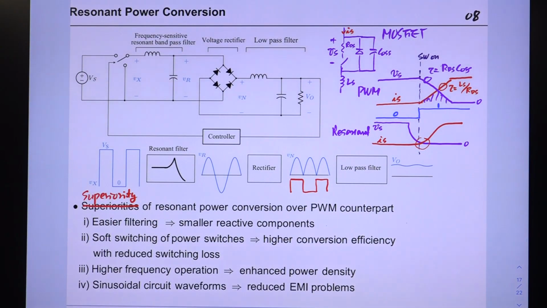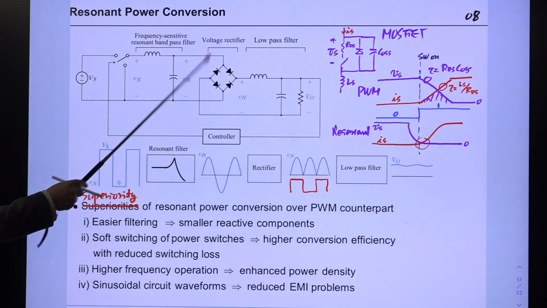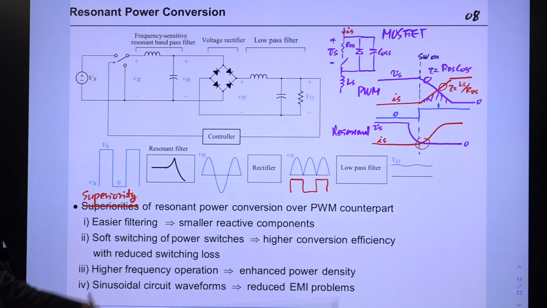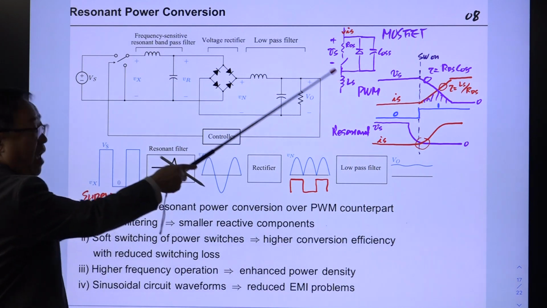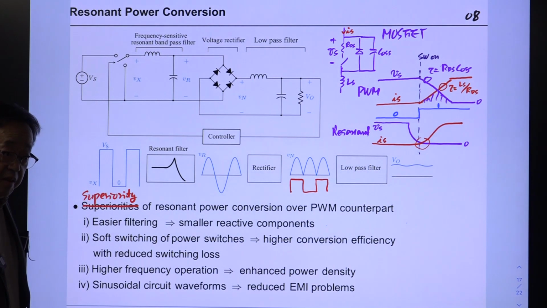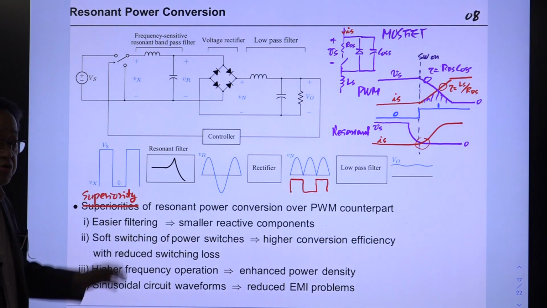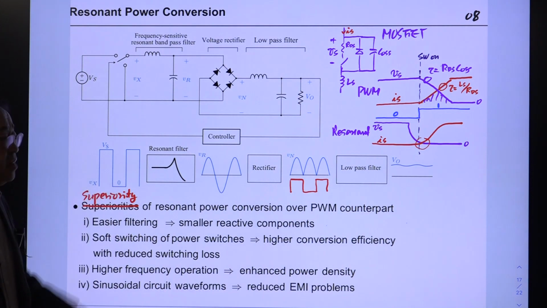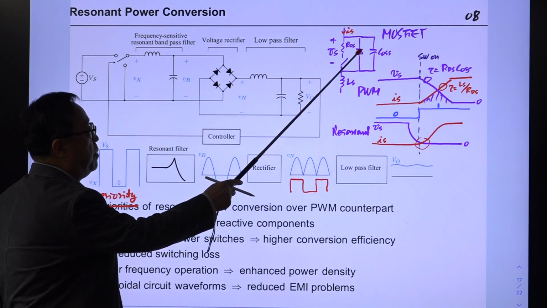elimination of switching loss. I explained this in the previous lecture, and let me go through the summary of that. This represents the active switch, probably a MOSFET, but in a practical active switch there are many parasitic components. Typically this MOSFET has an anti-parallel body diode.